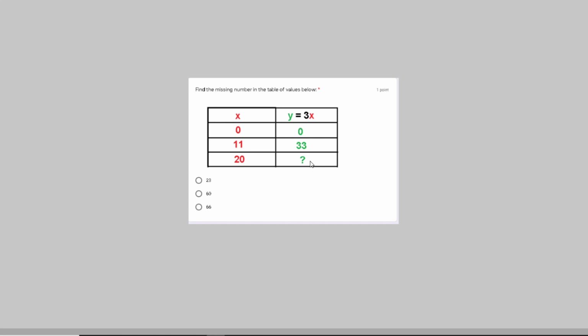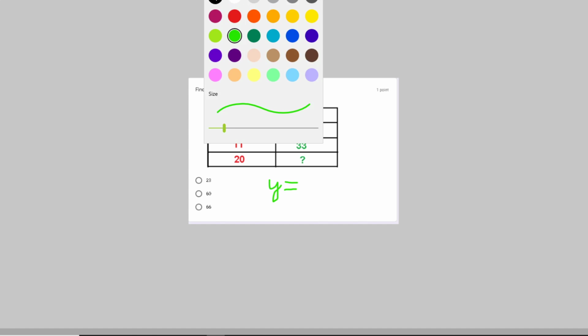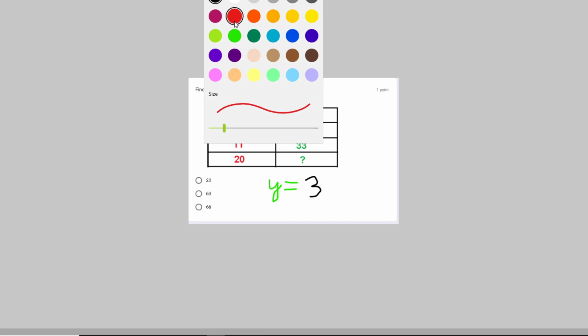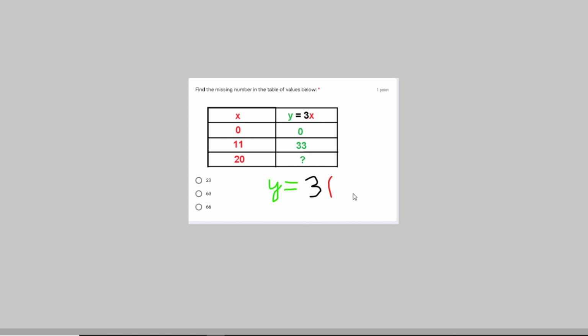We want to find y, our missing number here. It's going to be equal to 3 times, in this case, 20. So y must be equal to 3 times 20. Y must be equal to 60.